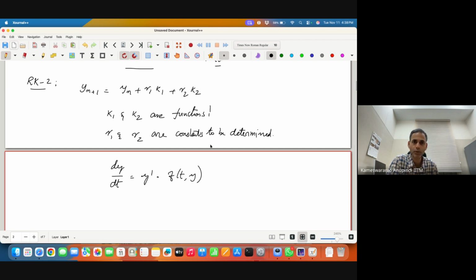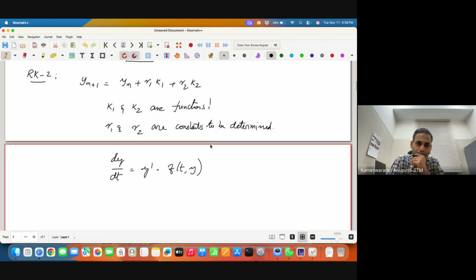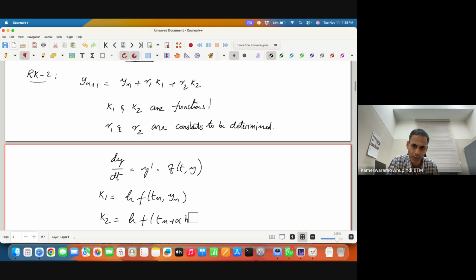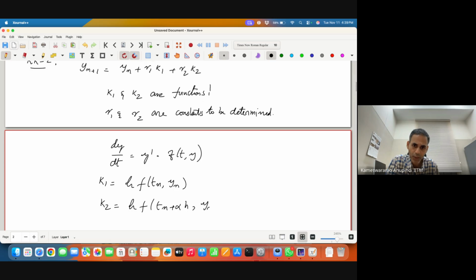Okay, that's what we want to solve. So what are these k1 and k2? k1 equals the step size h times f of tn, yn. Okay, and then k2 equals h times f of tn plus alpha times h, and that is where you will evaluate this function, and then this is going to be yn plus beta times k1.